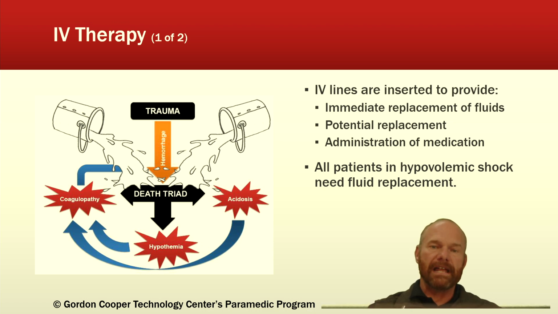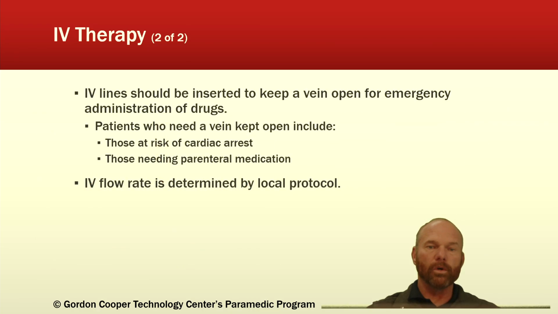Someone that's likely to develop hypovolemic shock, secondary to profuse external bleeding, internal bleeding, vaginal bleeding, fracture of the pelvis or femur, burns, heat exhaustion, intractable vomiting or diarrhea, neurogenic shock, septic shock. So lots of patients are going to need these IVs.